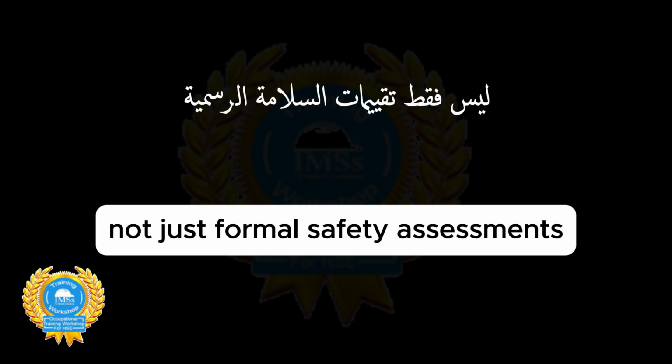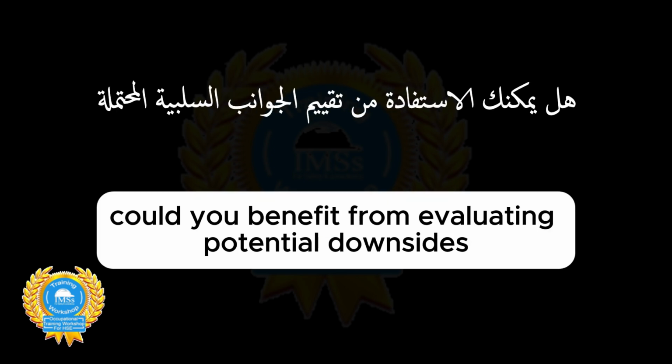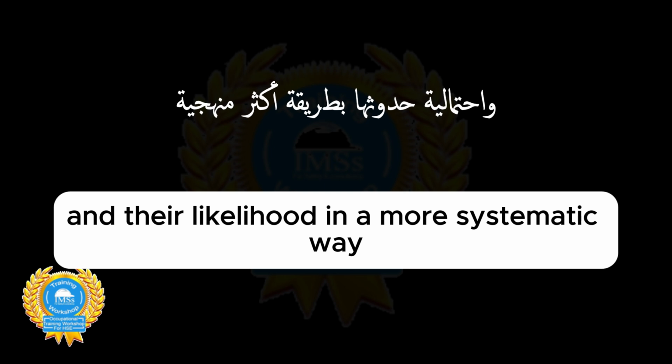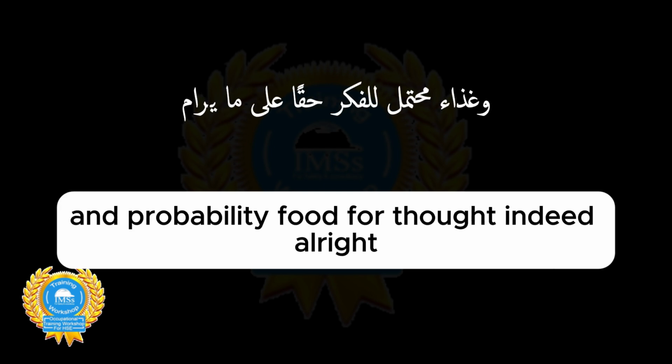Not just formal safety assessments, but where else in your work or even your personal life could you benefit from evaluating potential downsides and their likelihood in a more systematic way? What unexpected decisions might gain clarity by considering this framework of severity and probability? Food for thought.